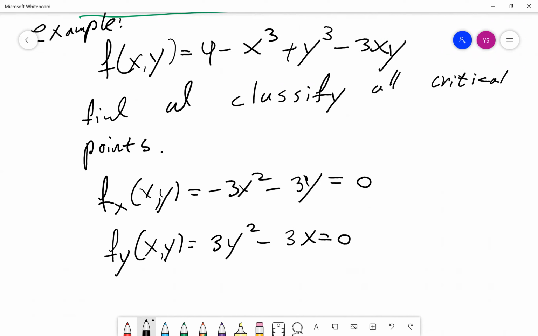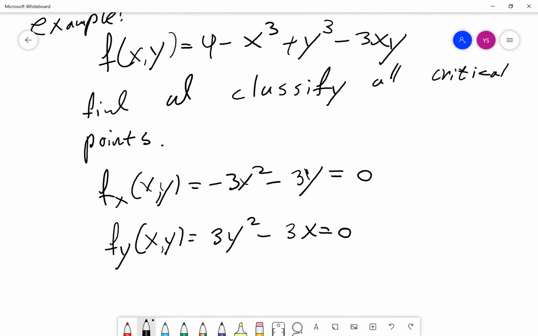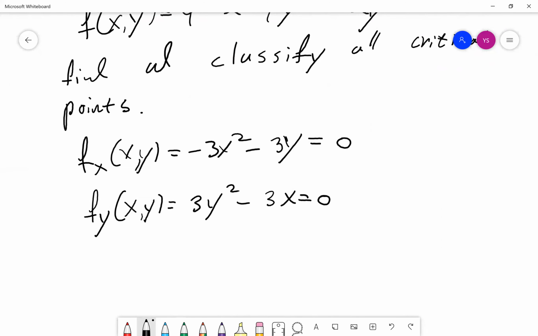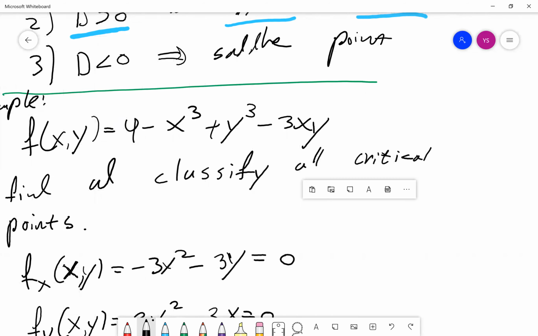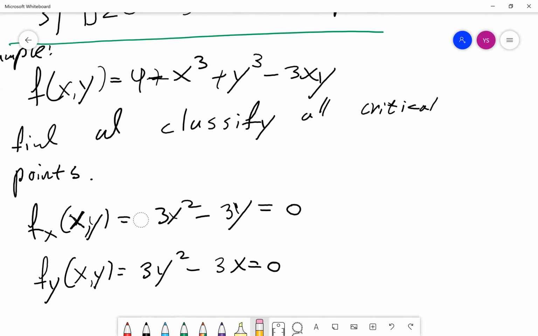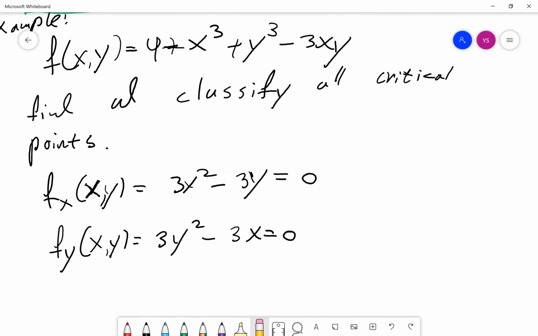Now set that equal to 0. Okay, and then before we go on to the second partial derivatives, let's just find our critical points. So the first equation, this should be a plus. Okay, any questions so far?